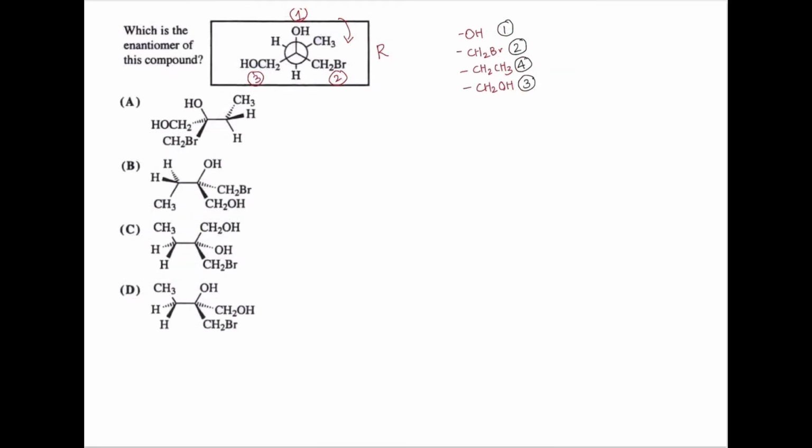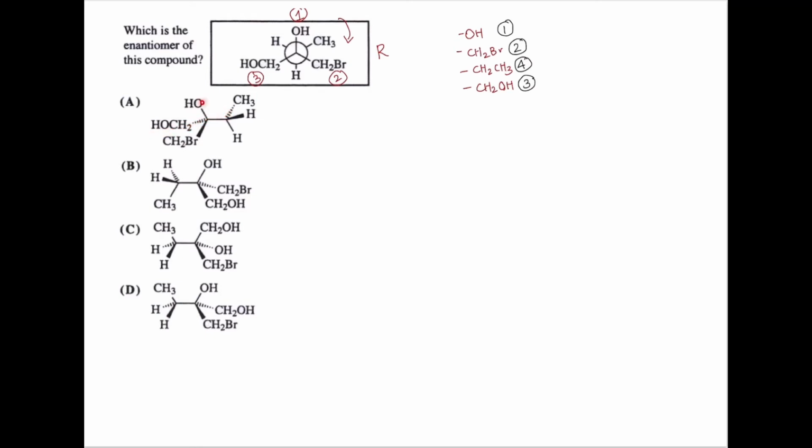Now when you look at the options that are given here, all of these are in perspective formula. At this point, you can keep them as they are and find the R and S configuration, or you can change them into Newman projection formula and then find the R and S configuration. But if you are converting this into Newman projection formula, then you have to look at it at a certain angle, so your perspective formula is going to look more like the Newman projection formula.